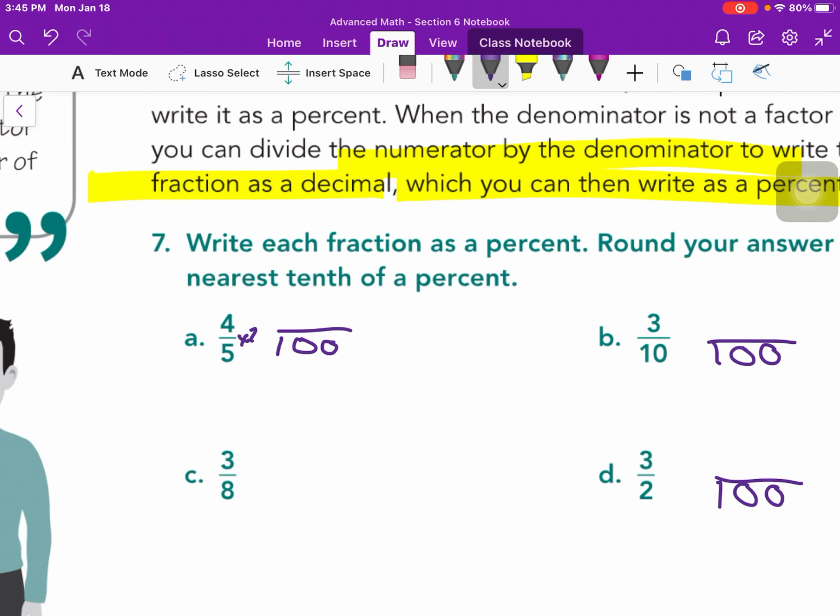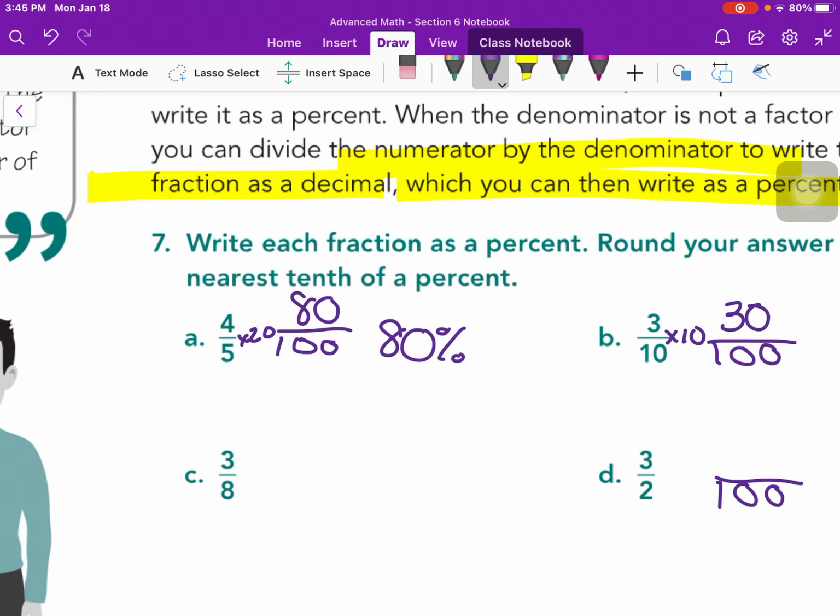I could take 5 times 20. So then on the top it'd be 4 times 20. So it'd be 80. 80 out of 100 means that it's 80%. All right, go ahead. You try the next couple on your own. All right, in B, you would times by 10 to get to 100.